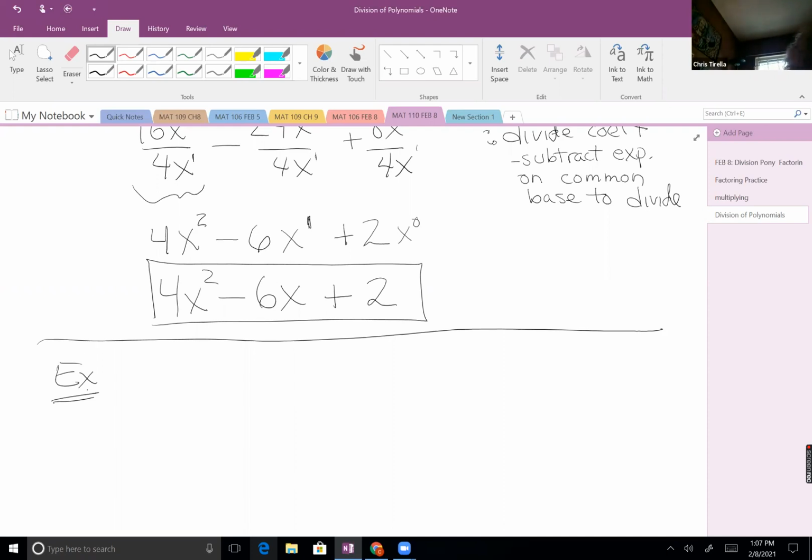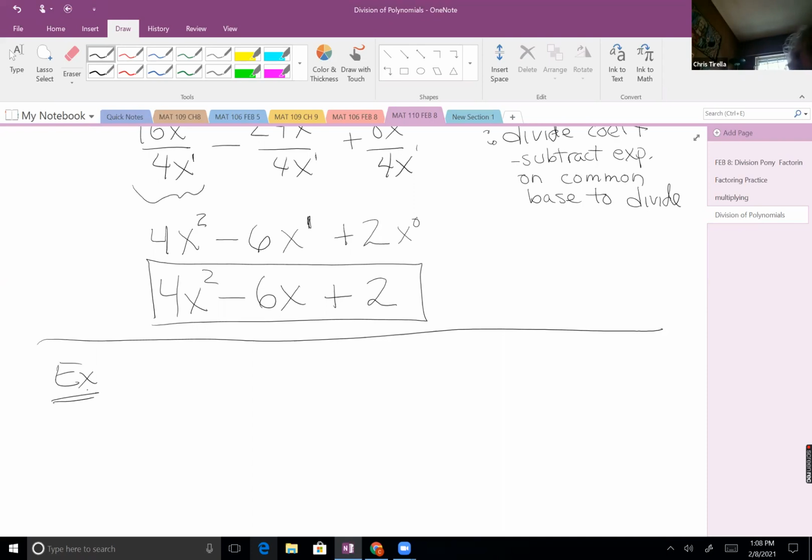So let's look at polynomials for an example. I actually don't have many division problems in here.